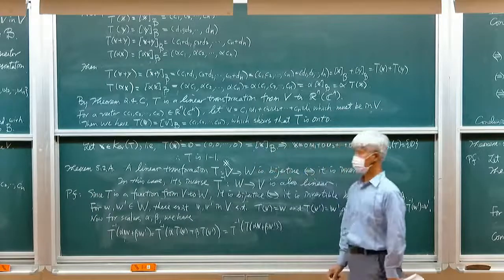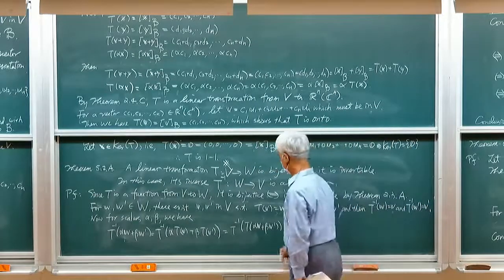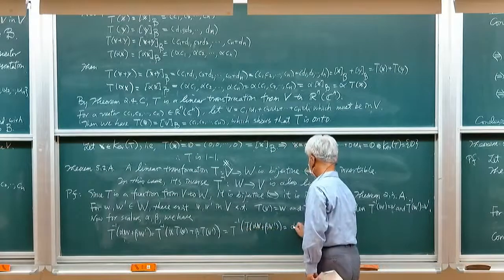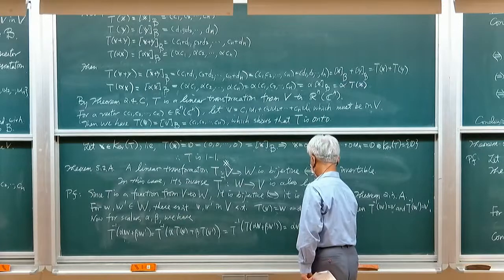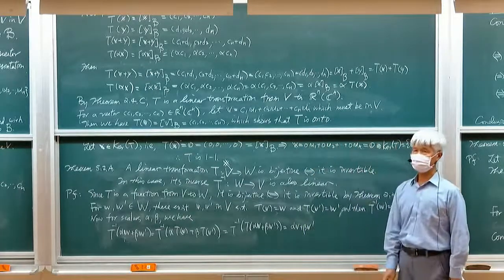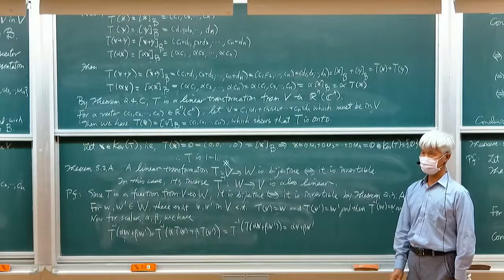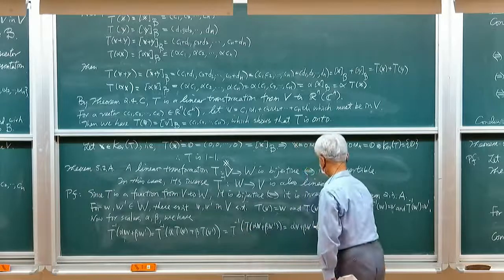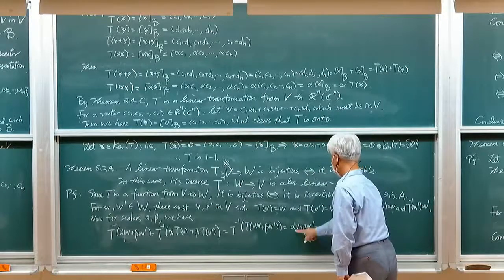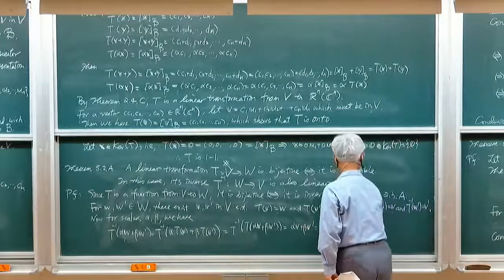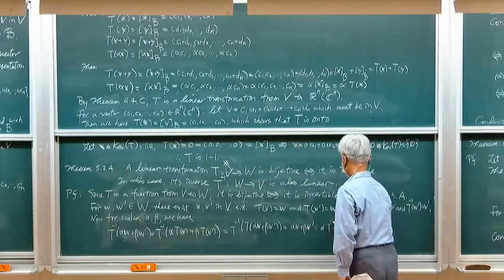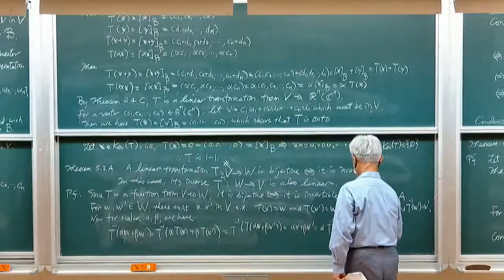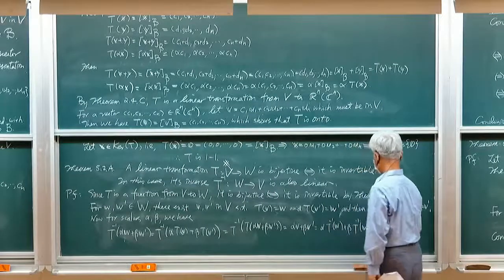Now, because T inverse is the inverse of T, this is alpha v plus beta v prime. And again, v is T inverse of w, and v prime is the inverse of w prime, and we are done.